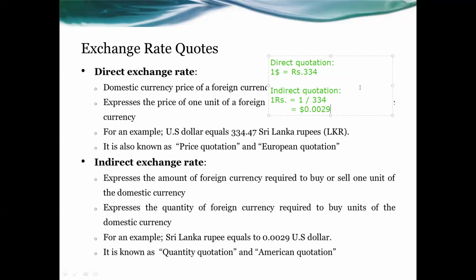So how do we get the direct quotation and indirect quotation? Based on the home currency perspective. When we express a unit of foreign currency in terms of domestic currency, that is what we call a direct quotation. When, from the aspect of the home currency, we express 1 unit of domestic currency in terms of foreign currency, that is what we call an indirect quotation.